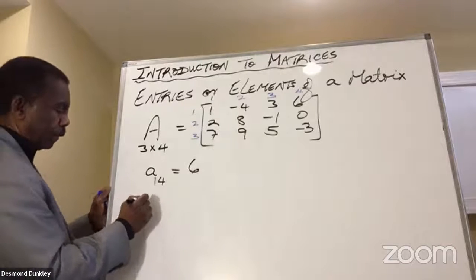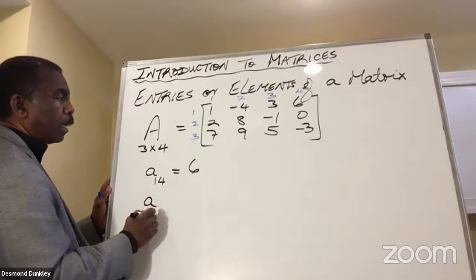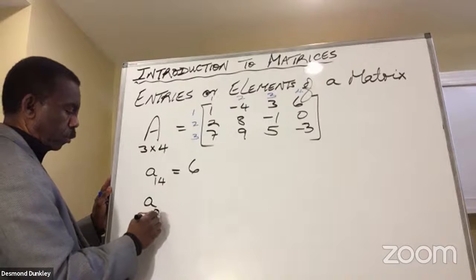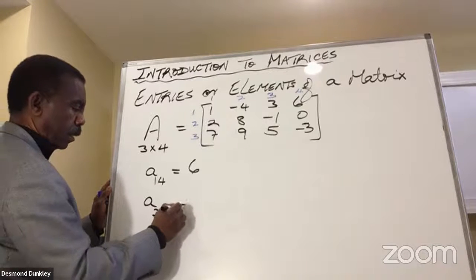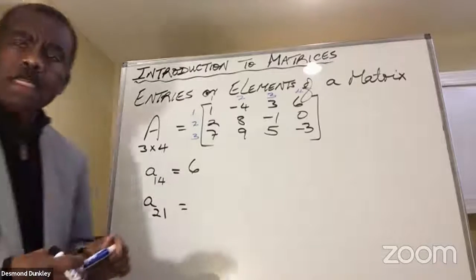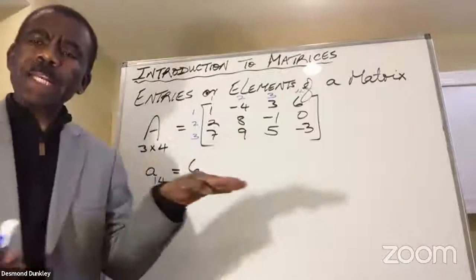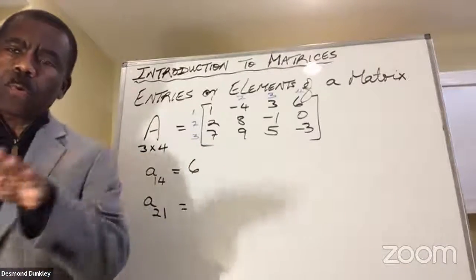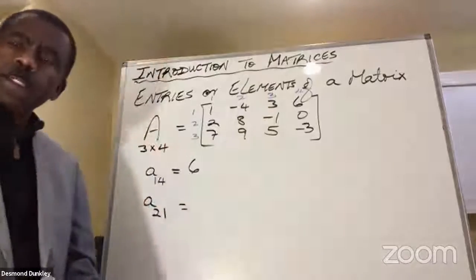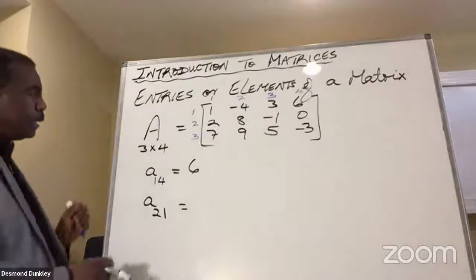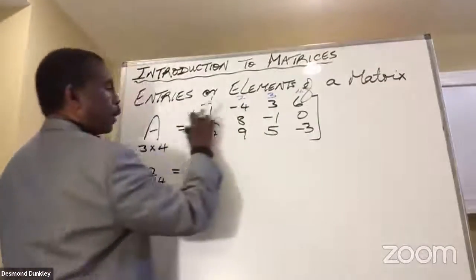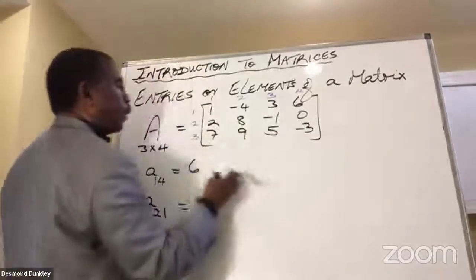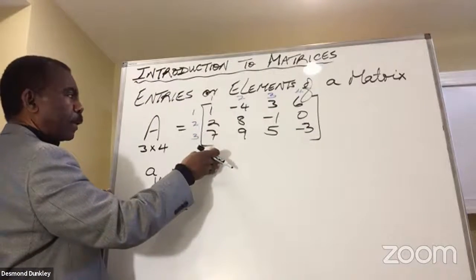What about this one? a21. What is that? It's the item found at the intersection of the second row and first column. These are the items in the second row. These are the items in the first column.